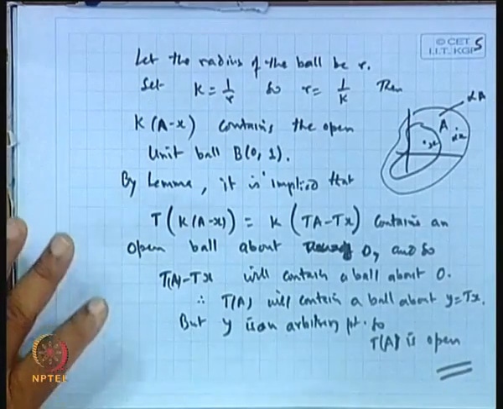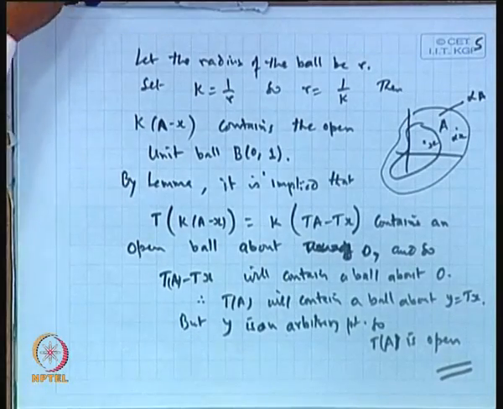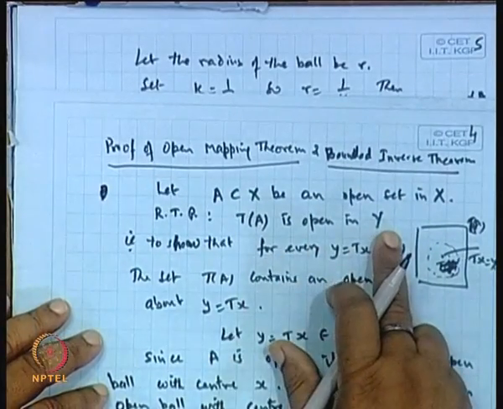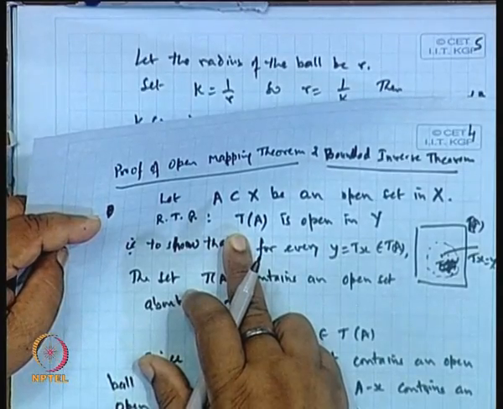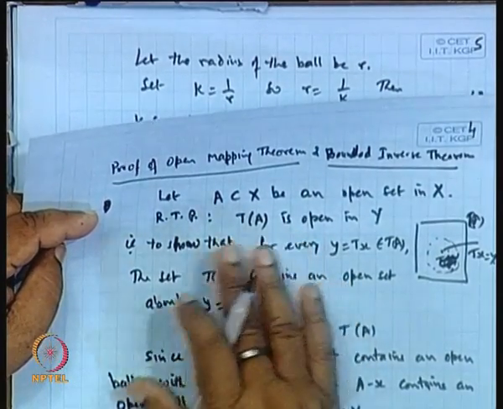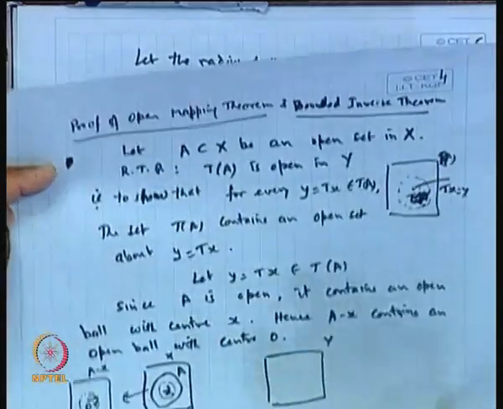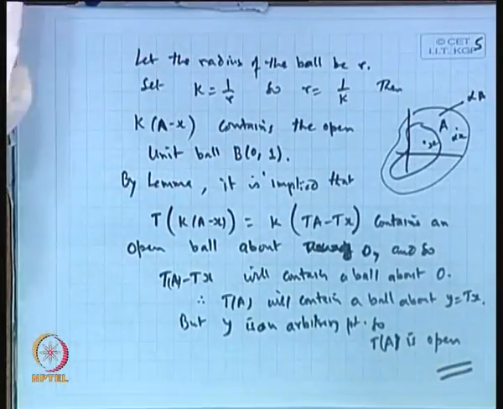So, we have shown that the image of an open set under T is open. Clear? So, if T is a bounded linear operator, then every open set will have an open image. That is the proof of the open mapping theorem.